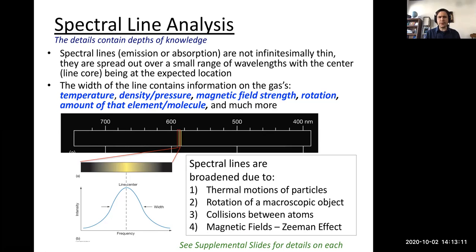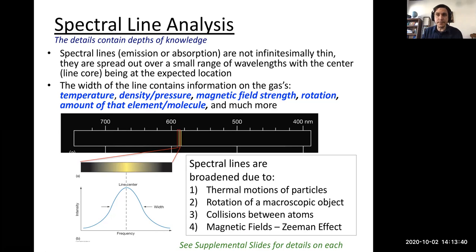The line itself has a little bit of width, so it's giving off light of slightly different wavelengths, not the exact wavelength of the electron transitioning from one energy level to another. How can that happen? There must be some other exchange of energy that allows the line to broaden out.